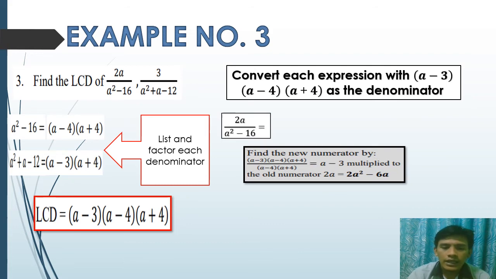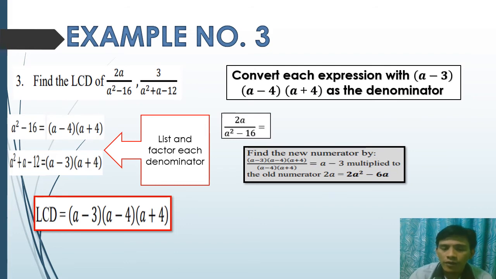Our denominator has a common factor of a minus 4, a plus 4. So a minus 4 divided by a minus 4 is equal to 1, so a minus 4 will be cancelled out from both numerator and denominator.